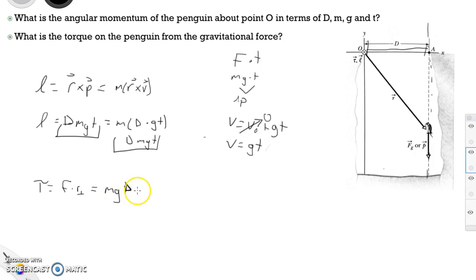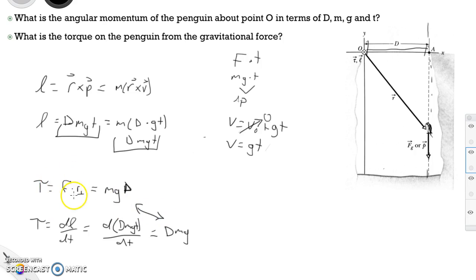So mg times d would be the torque. The other way, though, is that torque is equal to the change in angular momentum with respect to time. So we could say d of dmgt over dt, we take the derivative, and we end up with just dmg. Same thing we got there.